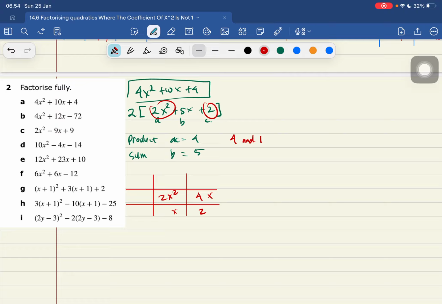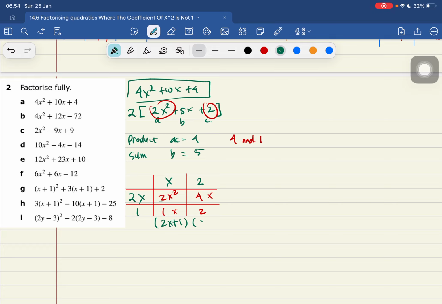So we'll write 4 here and 1. Take the highest common factor of each. So this column 2x squared and 4x, the highest common factor is 2x. Here is 1. It's only x and 2. Okay, so the factor is 2x plus 1.